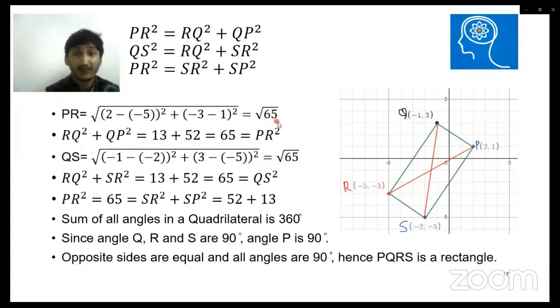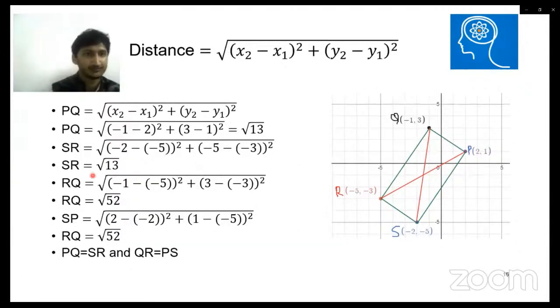So PR square will be equal to 65. Now what is RQ square plus QP square? We have found out the lengths of RQ and PQ in the earlier part. So PQ is equal to root 13 and RQ is equal to root 52.